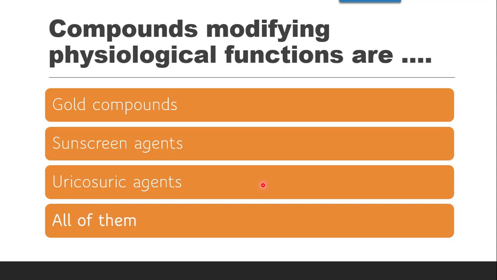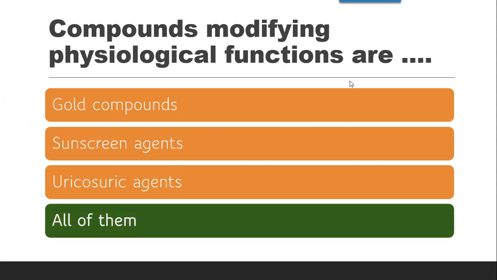S stands for sunscreen agent, A stands for alcohol, U stands for uricosuric agent, D stands for detergent compound, and G square: the first G stands for GIT agents, the second G stands for gold compounds. All of these are the compounds which modify the physiological functions.